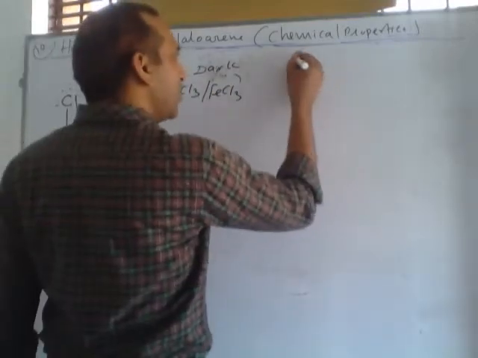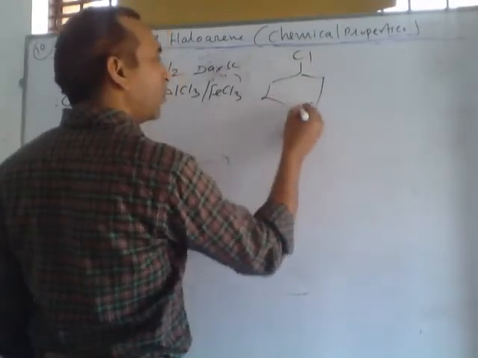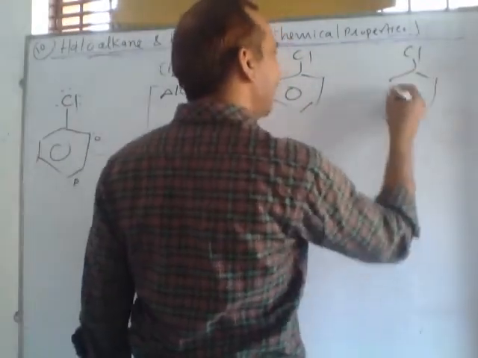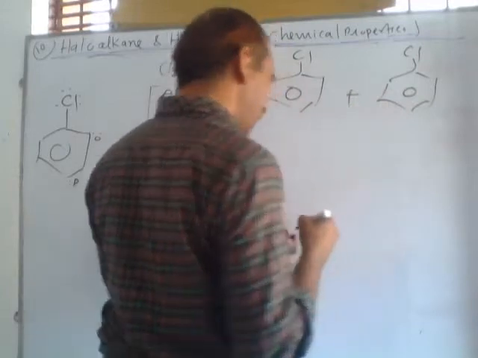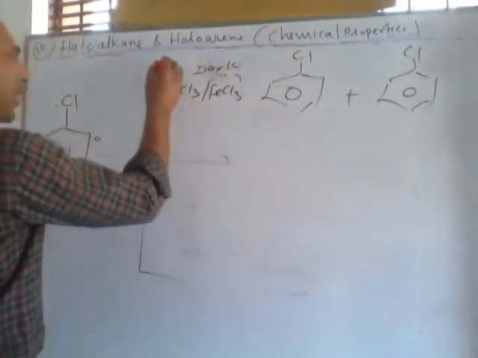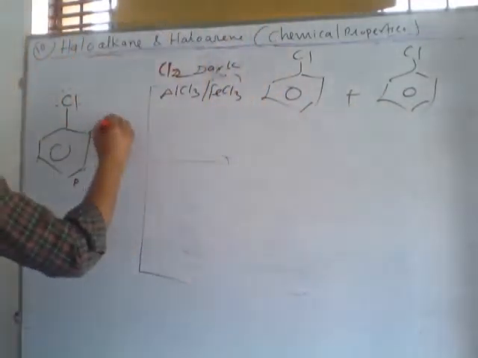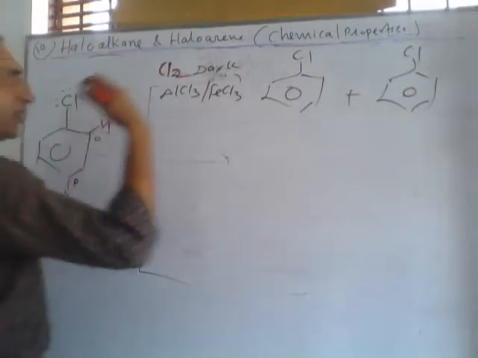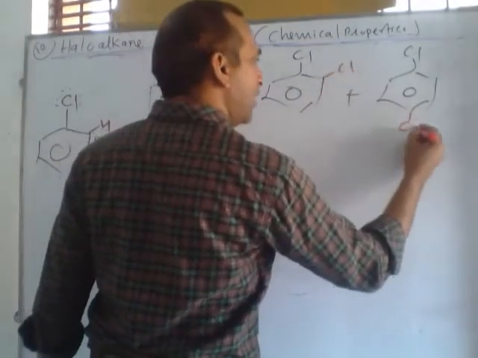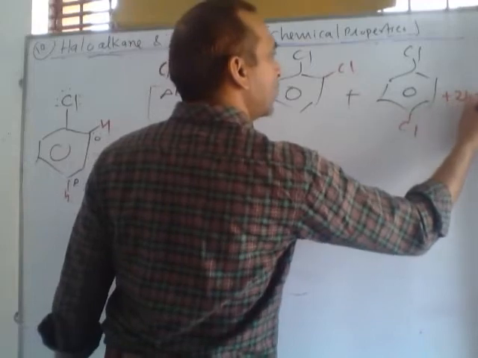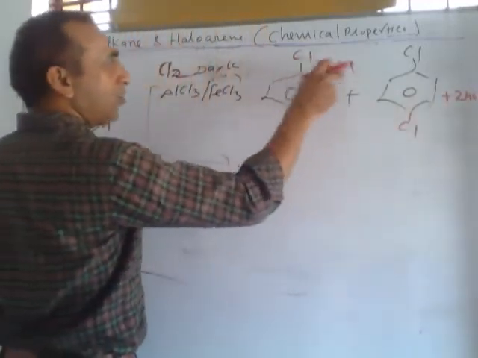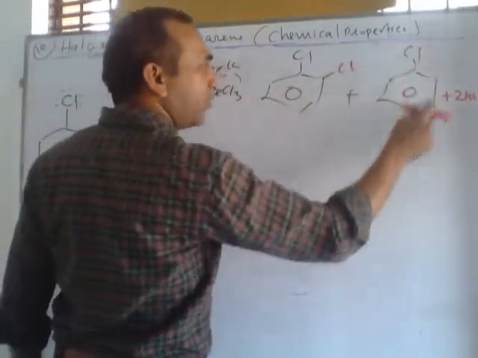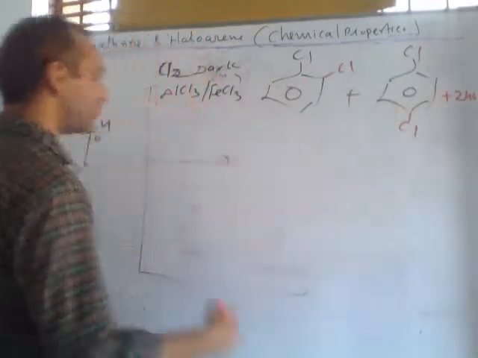So after the reaction, two products will form. First is the ortho product, second is the para product. This red chlorine removes hydrogen from these two positions and joins here and here with removal of 2HCl. This is called 1,2-dichlorobenzene. This is called 1,4-dichlorobenzene.